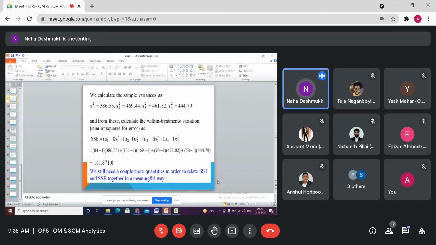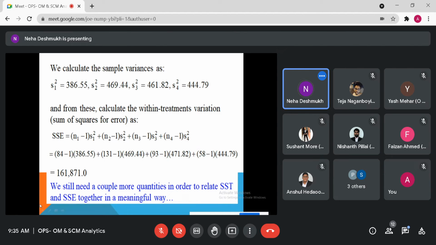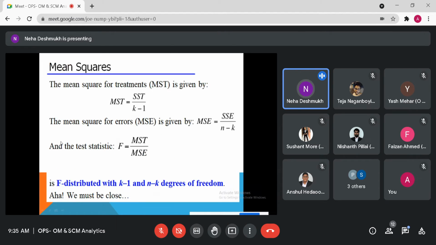Then within the term values you can calculate it by this formula, ni minus 1 si square. You can calculate the sum of square of error. Right. Now you can calculate the mean square for treatment, SST divided by k minus 1, and the mean square of error.